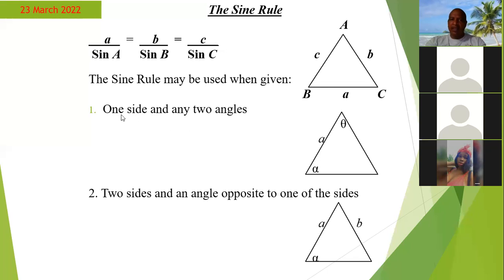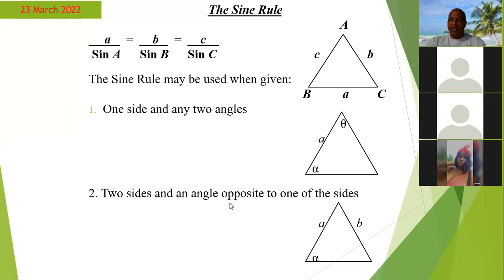And we have listed 2 conditions here. One condition is when you have one side and 2 angles. If you're given a triangle where you have one side and 2 angles, you can use the sine rule. The next condition is that you are given 2 sides and one angle, which is opposite to one of the sides. So these are the 2 conditions that apply when you're doing the sine rule.